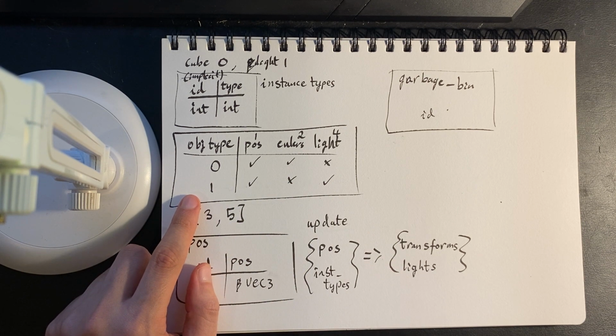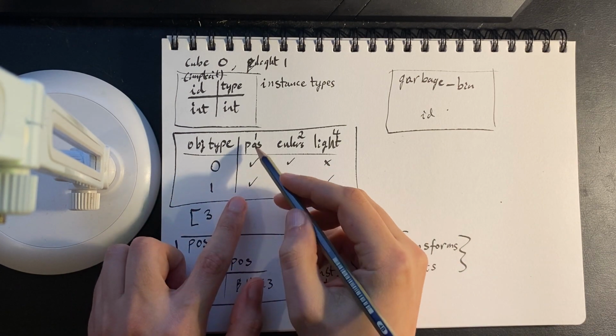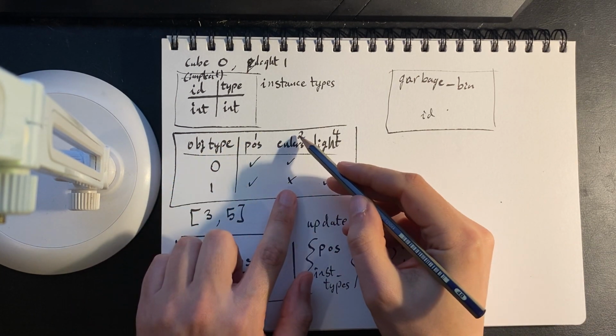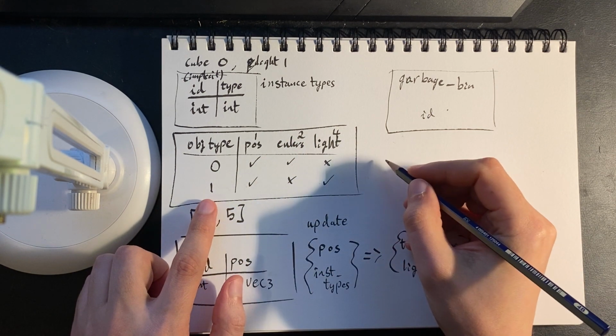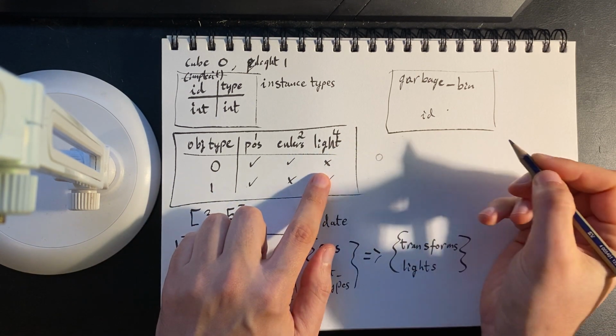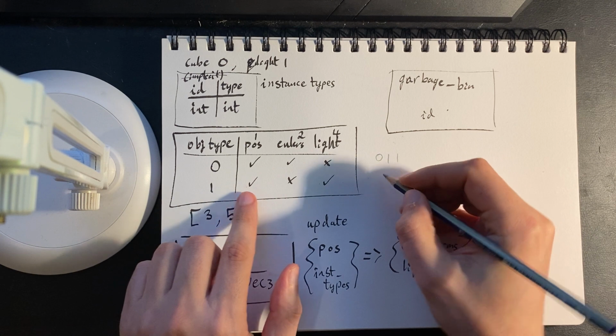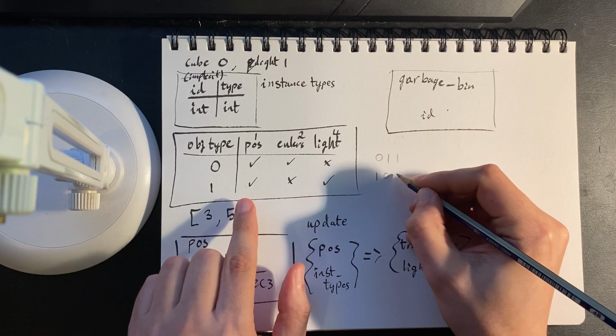And this can actually be encoded in simple numbers. So if we were to give position a value of 1, Euler's a value of 2, and light a value of 4, then that would correspond to setting the following bits. So we set nothing, 1, 1, and then for object type we set 1, 0, 1.